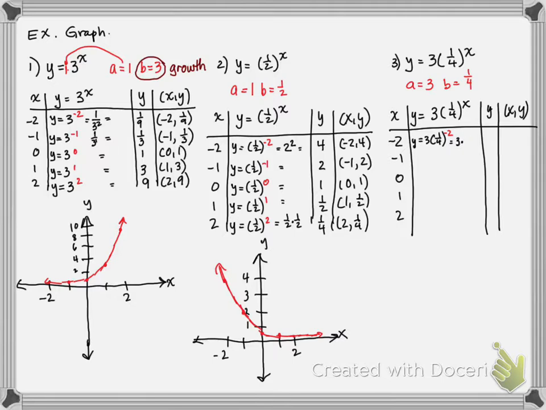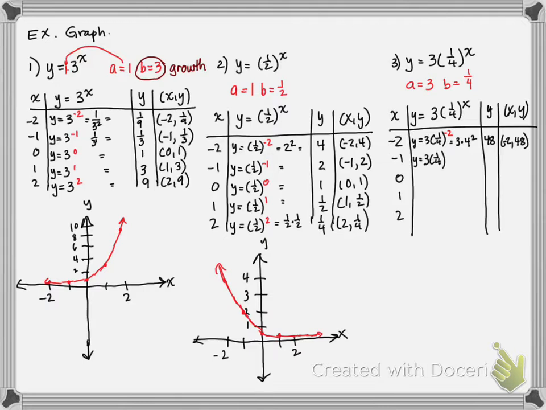Okay, so we get, oh my word, 4 squared is 16, and we get 3 times 16 is 48. This might make for some troublesome graphing, huh? So we get -2, 48. Whoa.